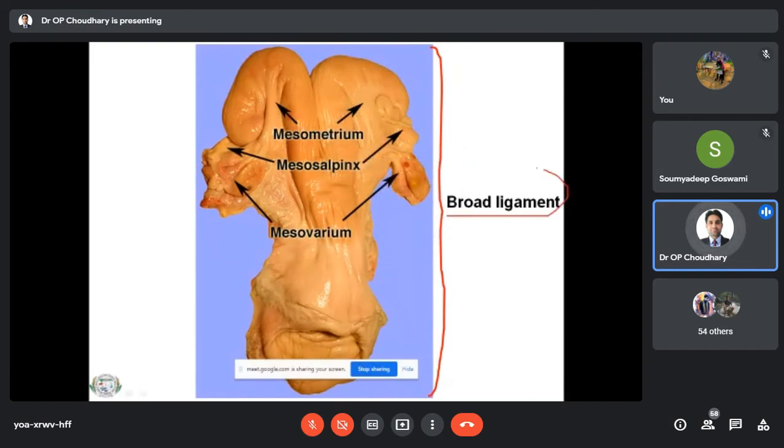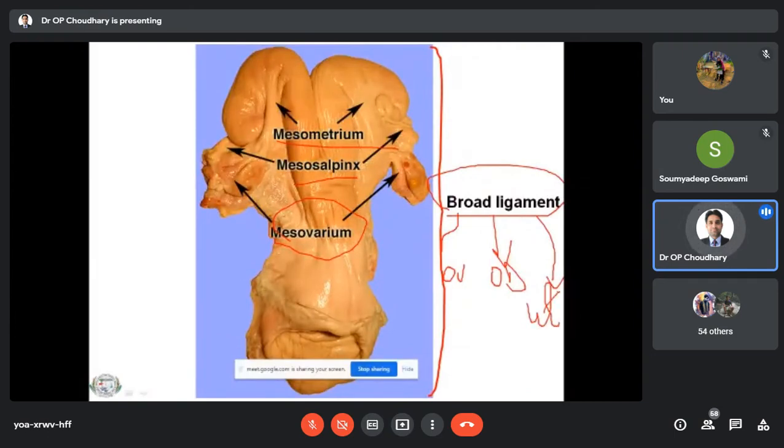So broad ligament is altogether a peritoneal covering that covers the ovary, oviduct, and uterus. The first part of the peritoneum that covers the ovary is called mesoovarium. The second part that covers the oviduct is called mesosalpinx, and the last part that covers the whole uterus is called mesometrium.